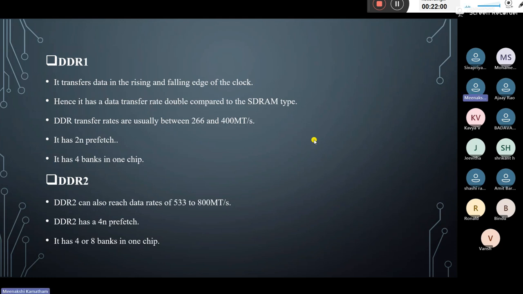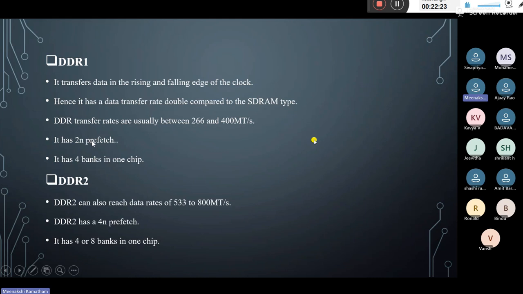DDR transfer rate is 266 to 400 mega transfers per second, which means it works at around 200 megahertz clock. Mega transfers per second means in 1 second we transfer 400 million data items.